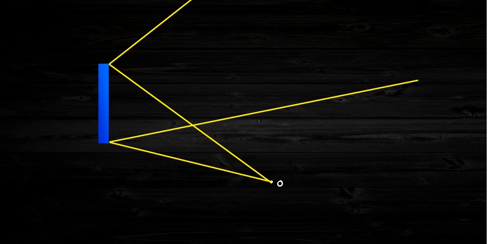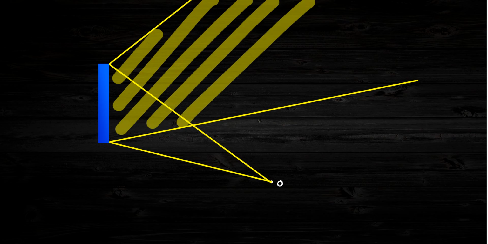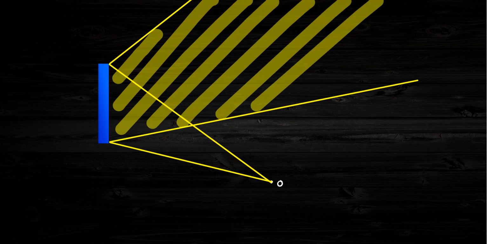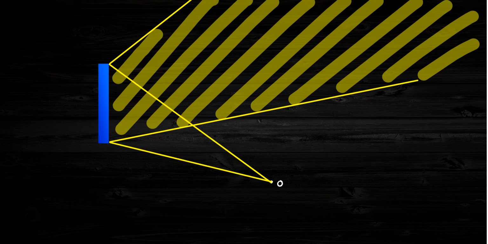Now the region that lies between these two rays is the particular region that is going to be visible and apparent to the observer located at O, which is the region shown over here. So this particular region is the field of view of the observer O with respect to this particular mirror shown.